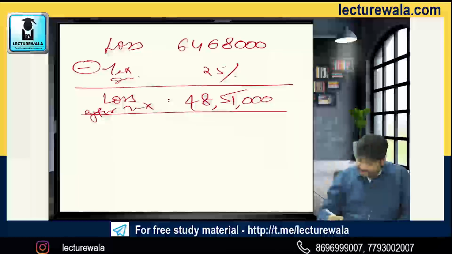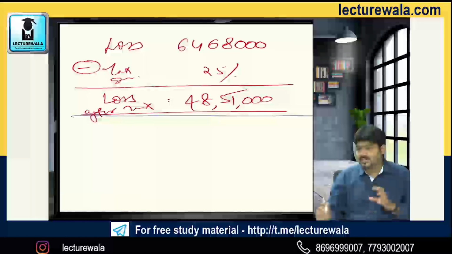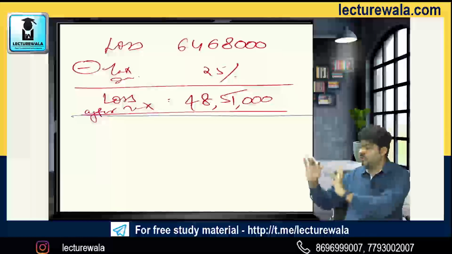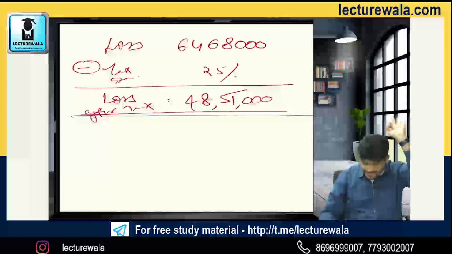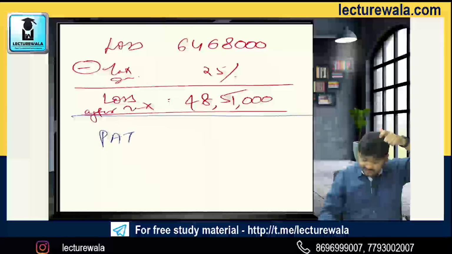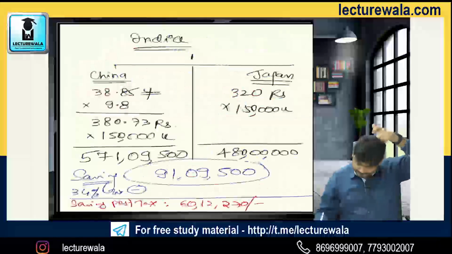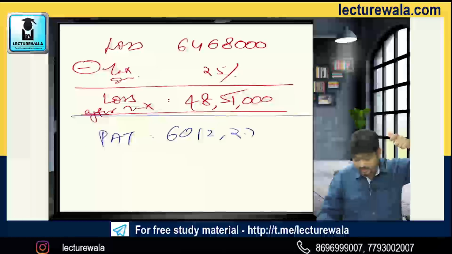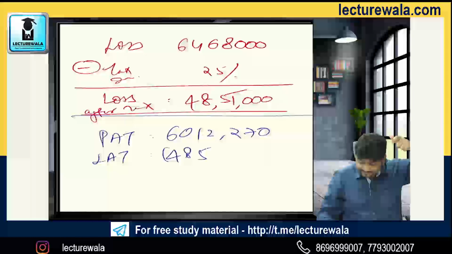But now we realize that this is a better option, because if we go ahead with this, wherein India will purchase from Japan and China will sell to the local market, net it is going to result into a profit. Why? Because profit after tax is 60 lakh 12,270, and loss after tax is 48 lakh 51,000.